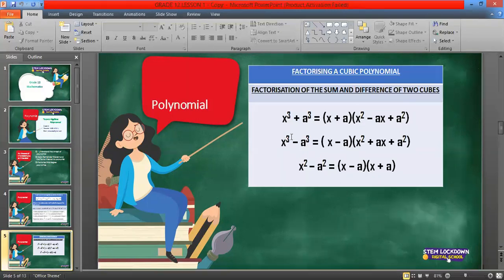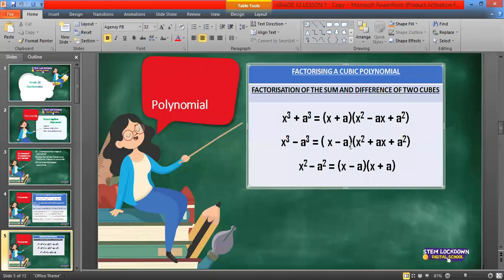The same thing applies to the difference of cubes, x cubed minus a cubed. The cube root of x cubed is x. The cube root of a cubed is a, right? So for the bigger bracket, you square the first term, x squared. Whatever is there, you square it. And then to get the last term in the bracket, you square the negative a, and you get positive a squared.